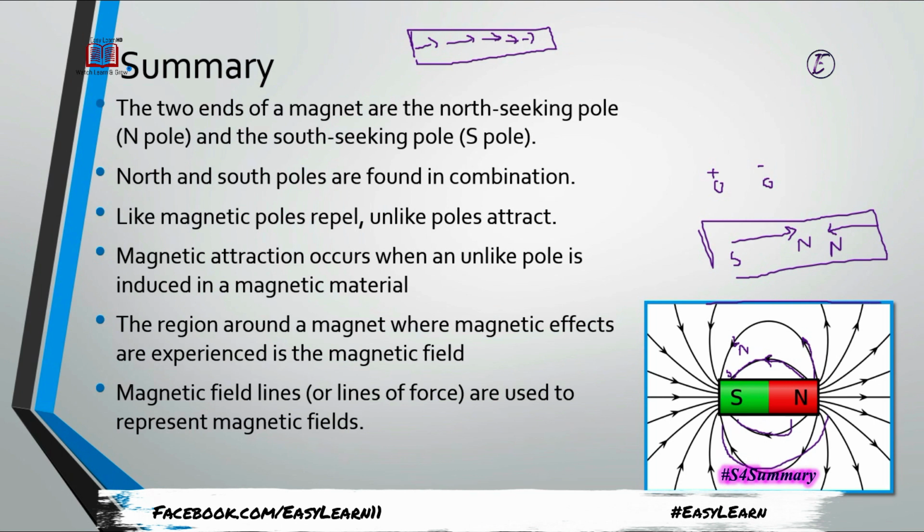This whole area is where we can experience these magnetic field lines, and in this area they are used to recognize its strength. Here you can see many magnetic field lines, roughly 4 or 5 lines.